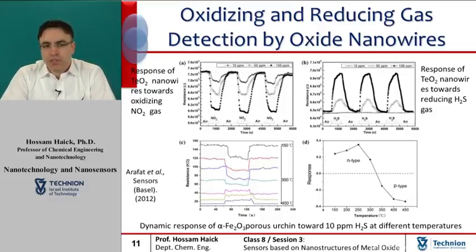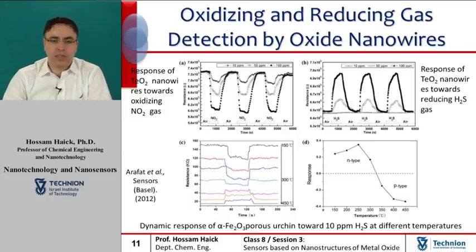In the bottom side of the screen, you can see another interesting behavior, sensing by N-type iron oxide porous thin films towards H2S. As seen in figures C and D, the response for 10 ppm of hydrogen sulfide, or H2S, changed from N-type to P-type with an increase in the working temperature.